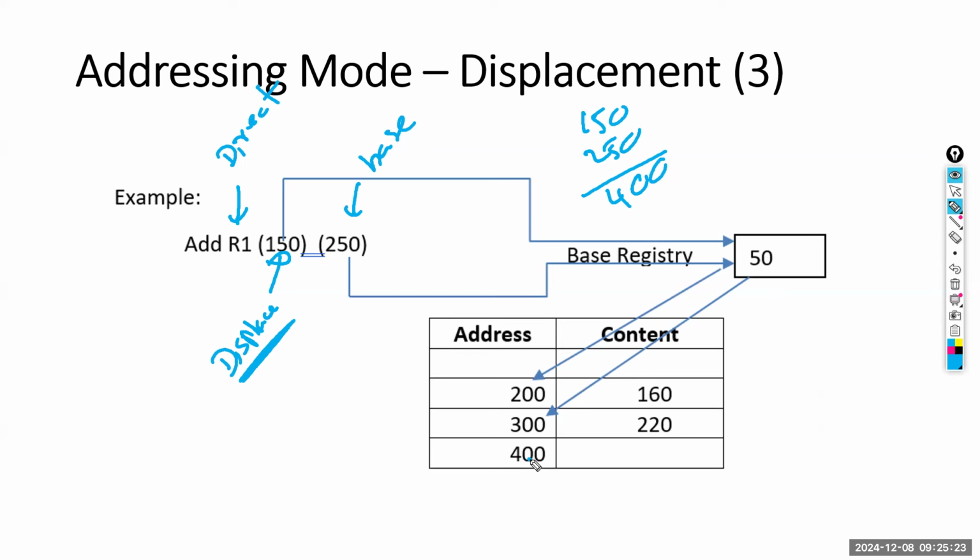And that value you need to load to register 1. So assume that that value is, say, 900. So now 900 is loaded to register 1 because 150 plus 250 is 400. So the value in that memory address is loaded to the register.